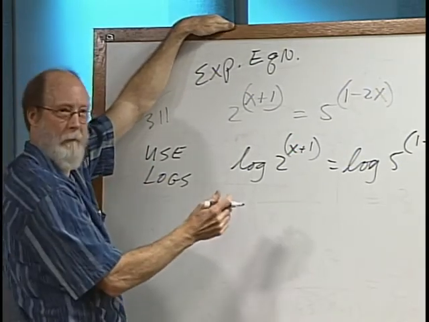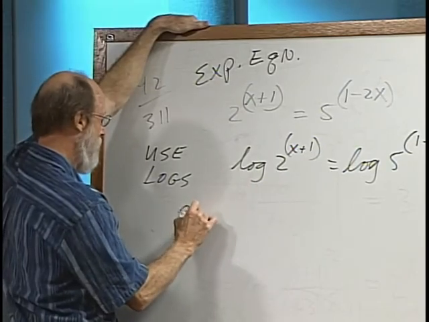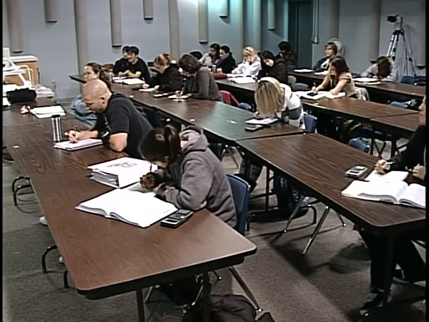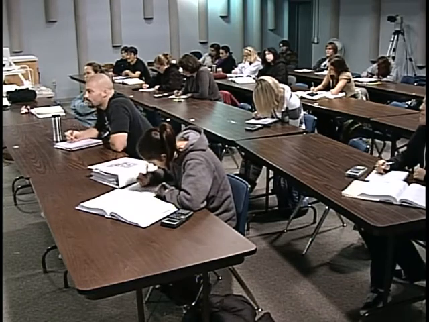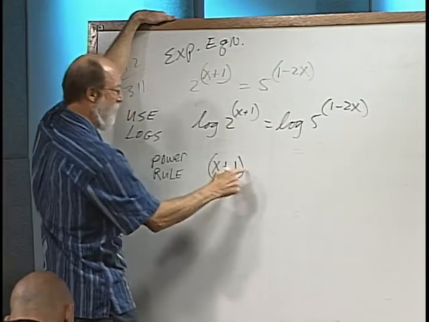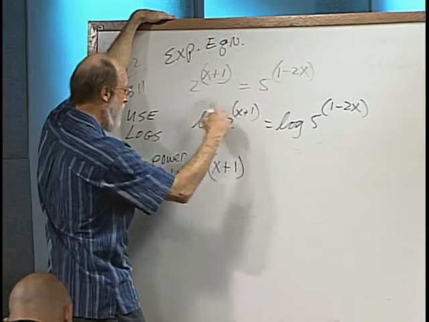Next step, apply the power rule, which pops the exponent in front. Now watch this. Parentheses, folks, this is a classic place for a mistake: forgetting to put the parentheses around that exponent.